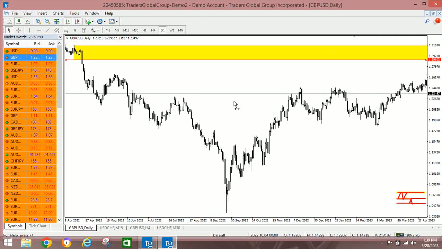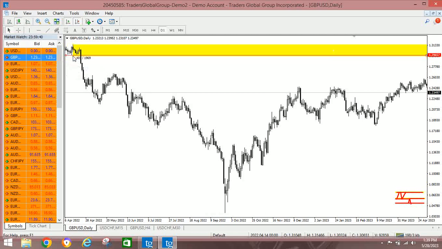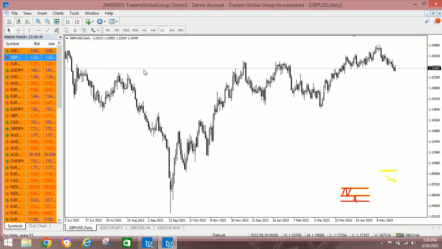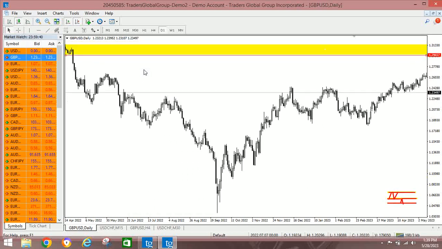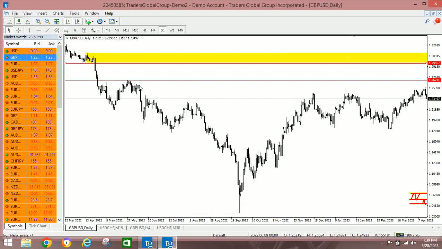If you look at it here, this is a nice level for a sell, knowing that they have to climb to this zone. Let me go to this point here and draw a nice horizontal line on this zone. So you see what we have here: a nice setup at this point.